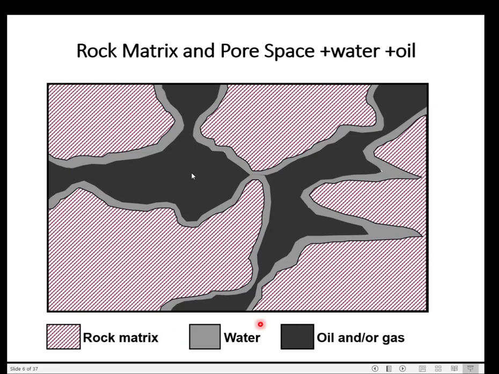This cartoon is after we fill it with oil and water. In this case it is oil, and you can also fill it with gas. Here you can see the grain, and this is the connate or irreducible water in this case. And this is the non-wetting phase, which might be oil or water, but in this case it is oil.